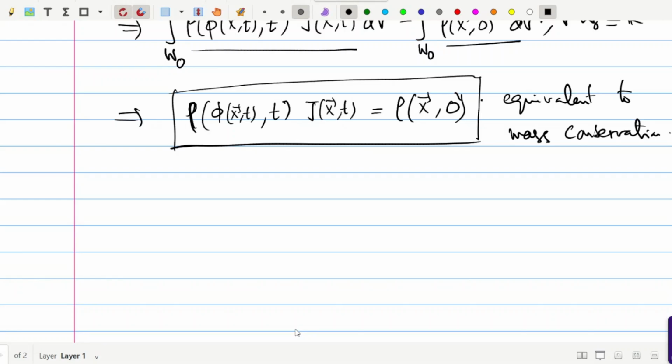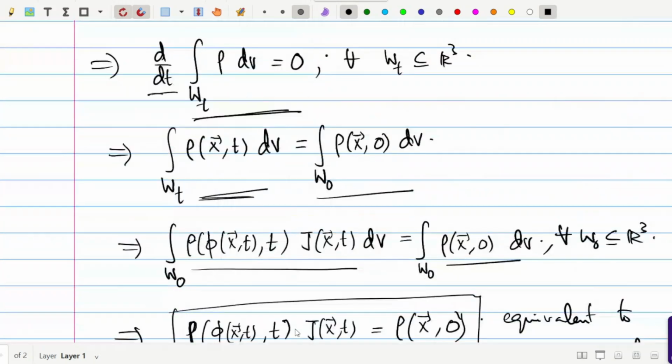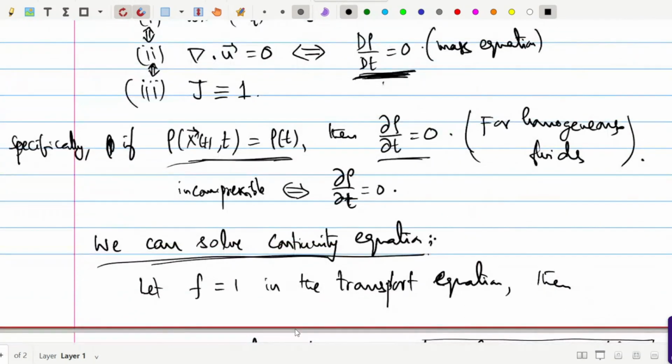That's the meaning of solving the equation of continuity for incompressible fluids. So we can solve the continuity equation for incompressible fluids.